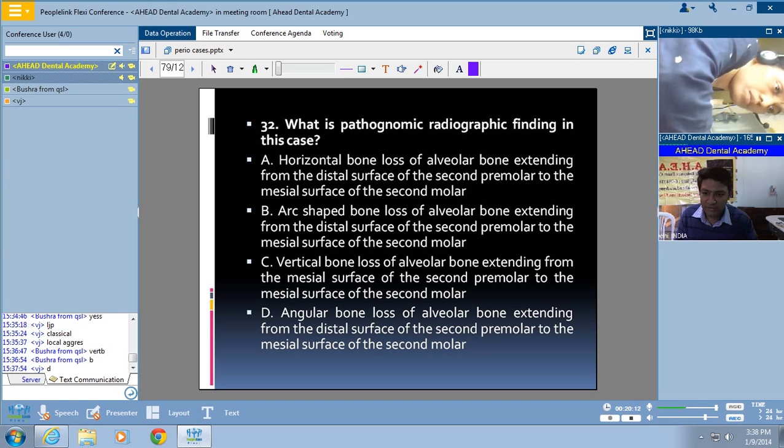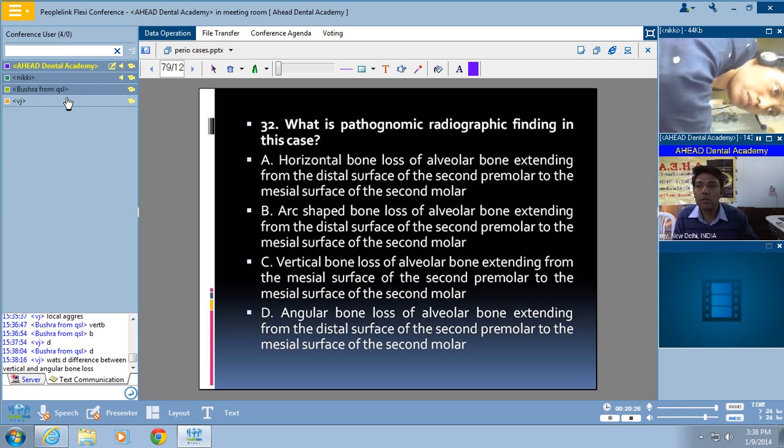Okay, Bushra says it's B, arc-shaped bone loss. Now she's shifted to D, and VJ says it's D as well. So what's your take on this, Nikki?